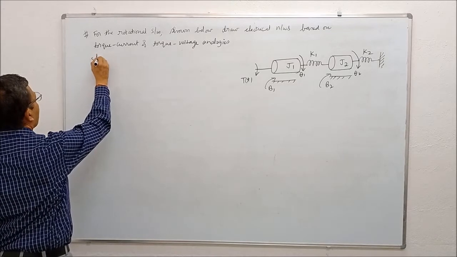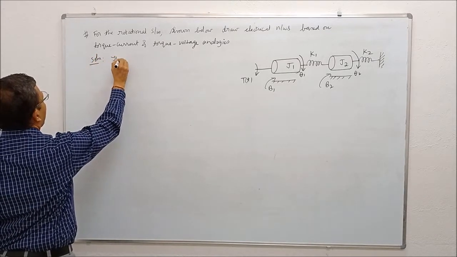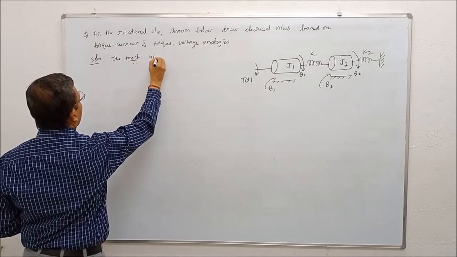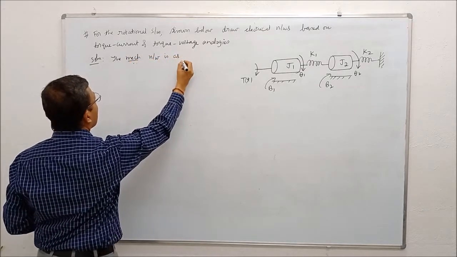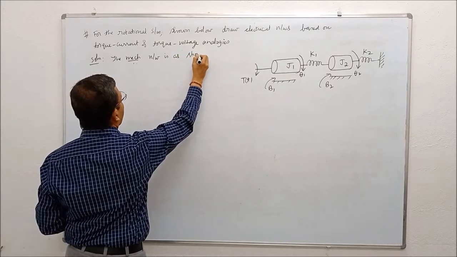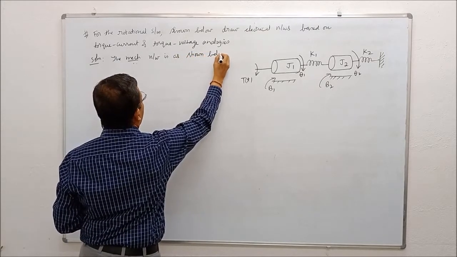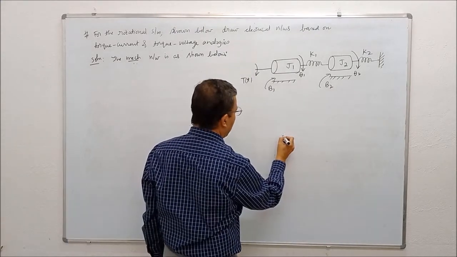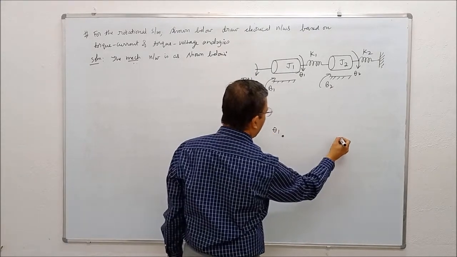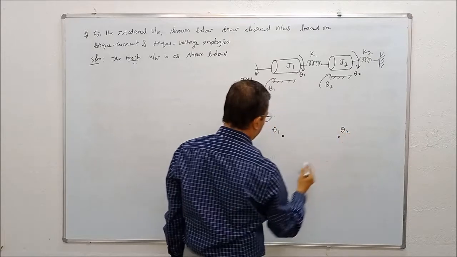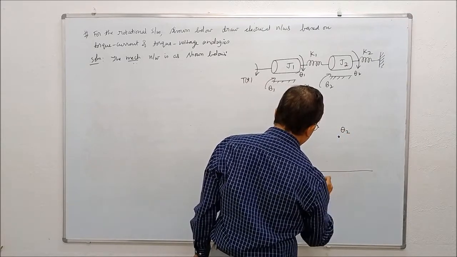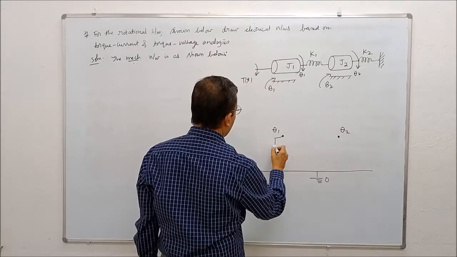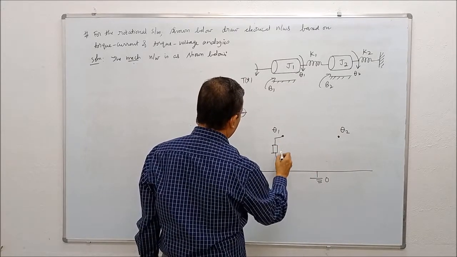Solution: the mechanical network is as shown below. Mark two independent nodes θ1 and θ2. Take the reference node. J1 comes between θ1 and ground.